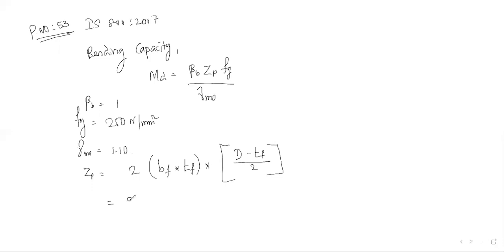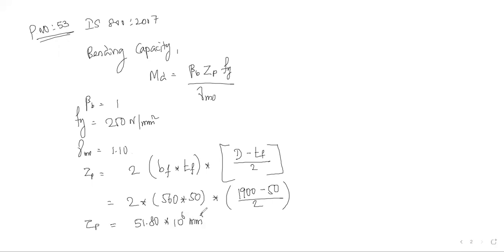So 2 × 560 × 50, then overall depth is 1900 mm minus 50 mm divided by 2. If I put this in, I get Zp equal to 51.80 × 10^6 mm³.